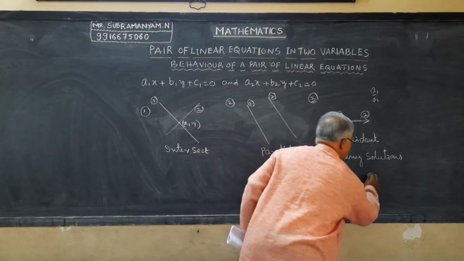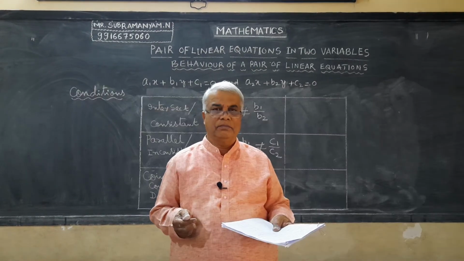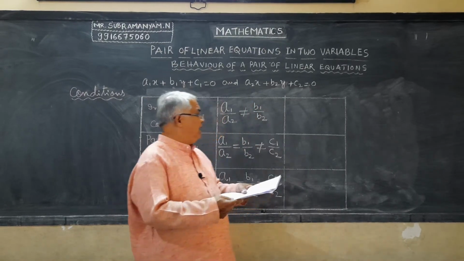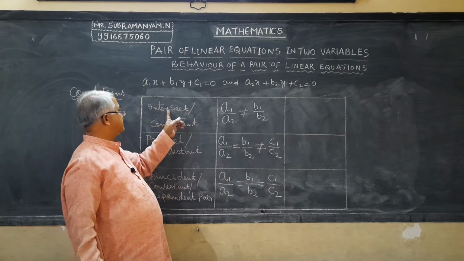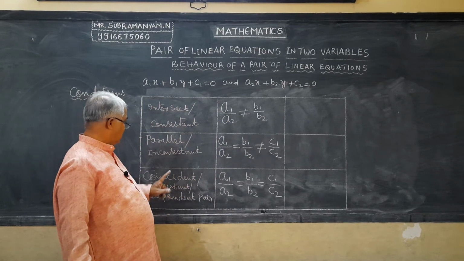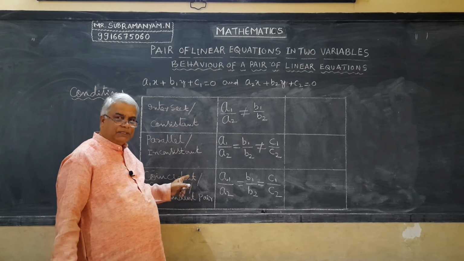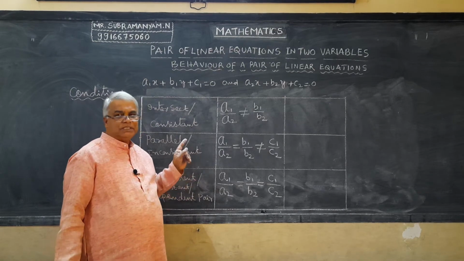So that we have to see now. Using the values, we can find whether it is intersecting, consistent, parallel, or coincident. All these things we can find using the ratios a1 by a2, b1 by b2, c1 by c2.